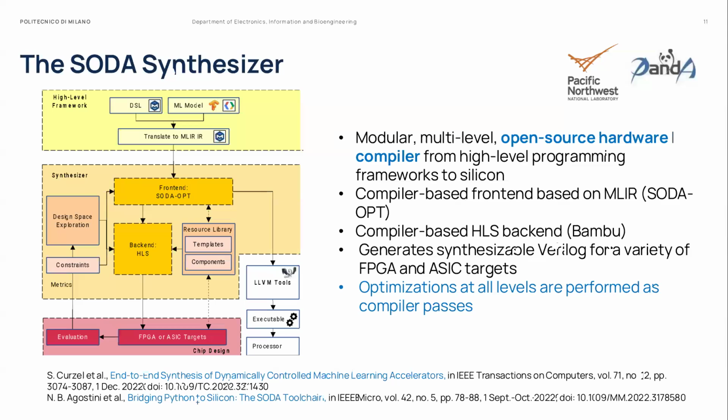This front end is called SODA-OPT, and there was the idea also of integrating a design space exploration tool, which was actually released. It's really simple in the current iteration. It just exploits the fact that we have the Python interfaces of the MLIR compiler, and so this little engine tries out some different combinations and sees what are the results in terms of number of cycles from the simulation of Bambu generated accelerators.